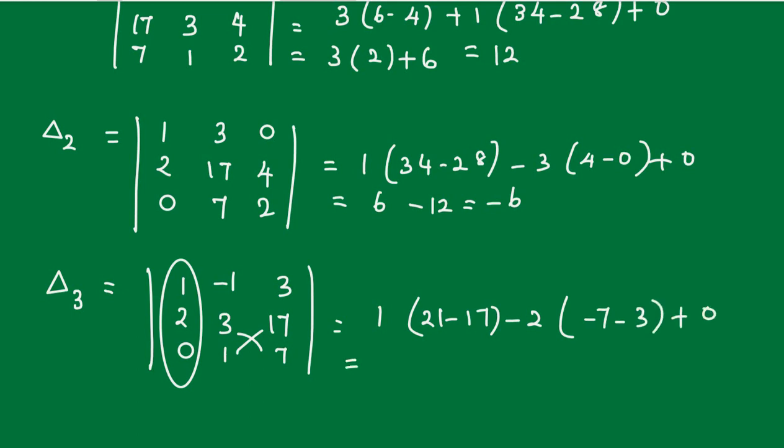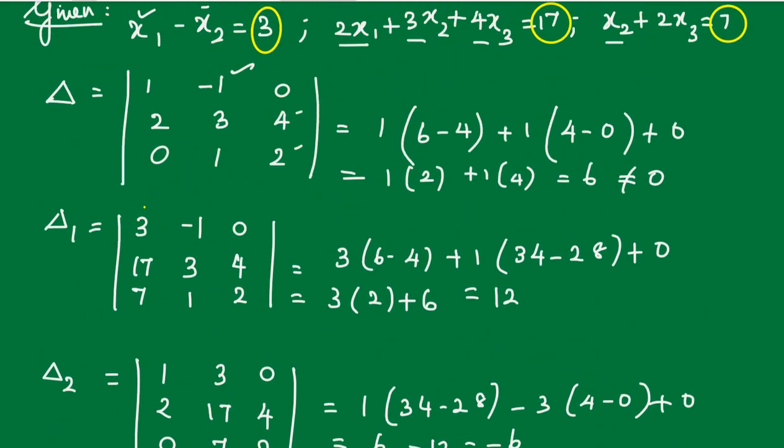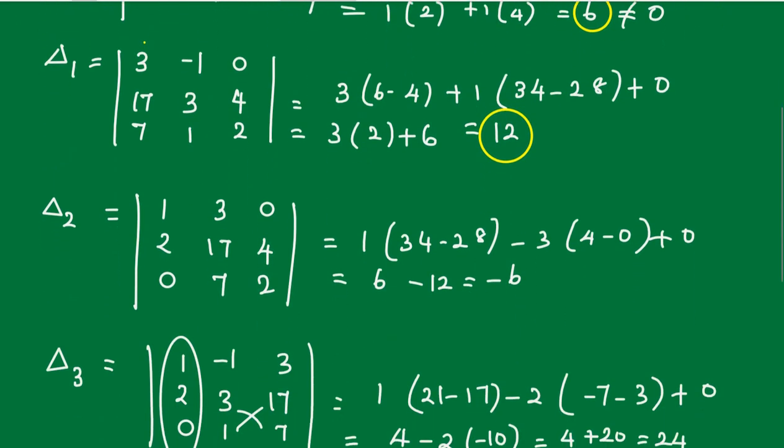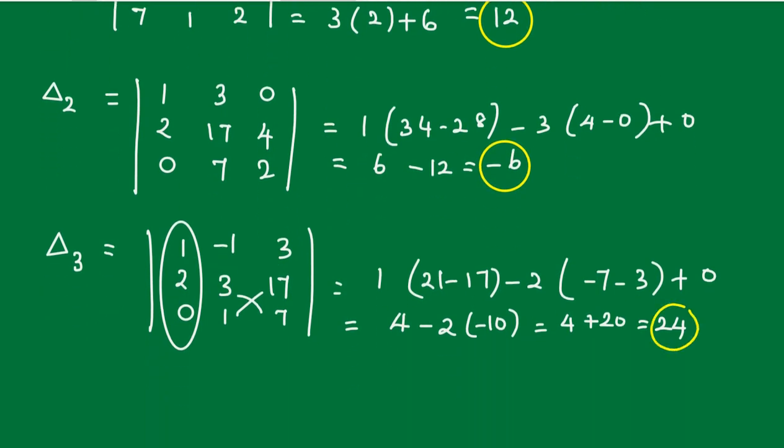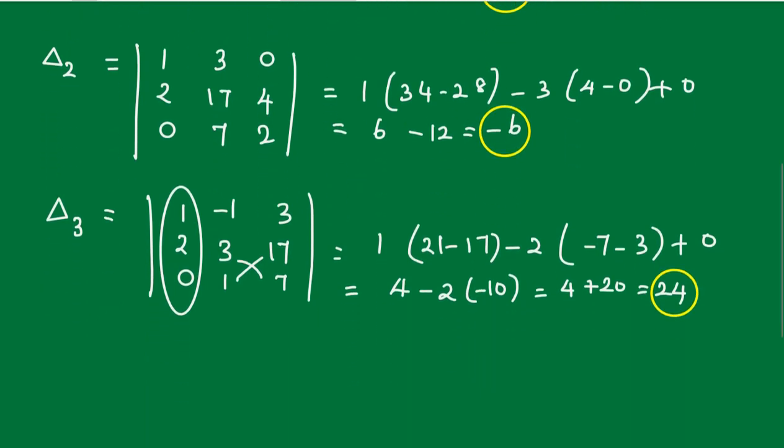Now this is equal to 4 minus 2 into minus 10, which is equal to 4 plus 20 is equal to 24. Now we have found the values: delta is equal to 6, delta 1 is 12, delta 2 is minus 6, delta 3 is 24. Now we apply Cramer's rule.